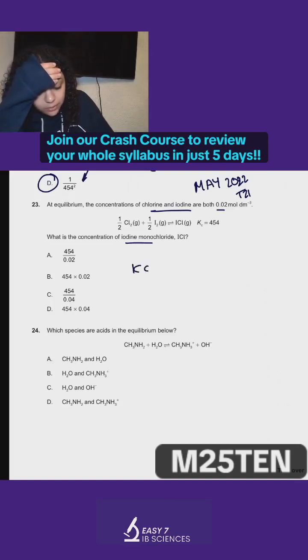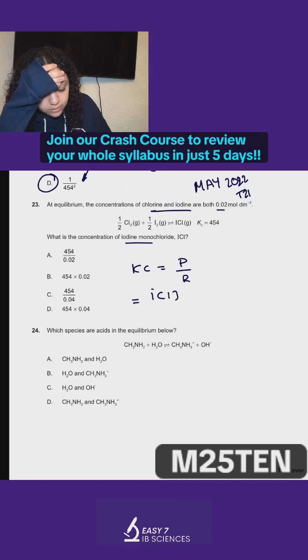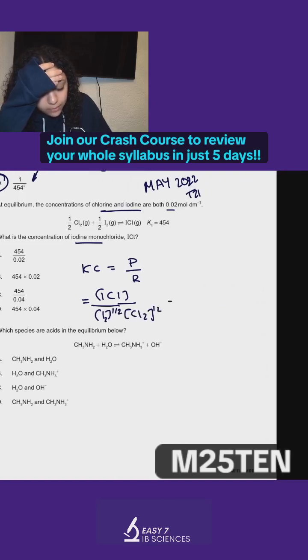We know Kc is equal to products over reactants. And you have to take into account the coefficients. So ICl over I2 to the 1/2, Cl2 to the 1/2. And therefore, I just have to plug in my values. My Kc value is 454.